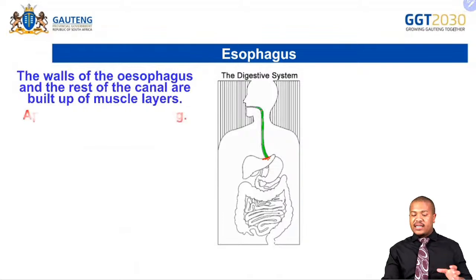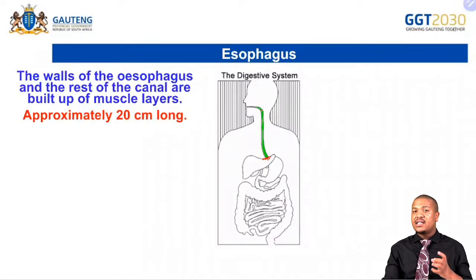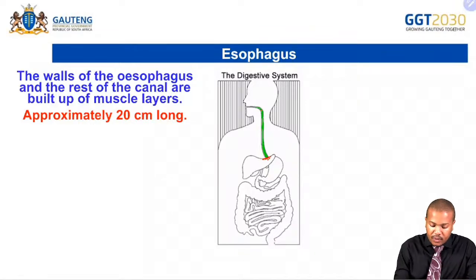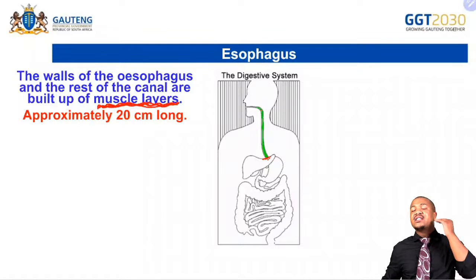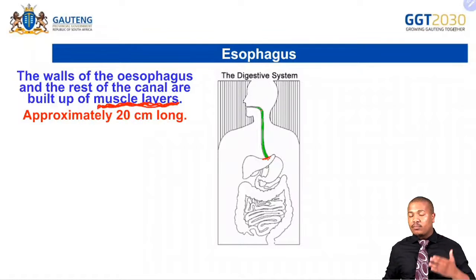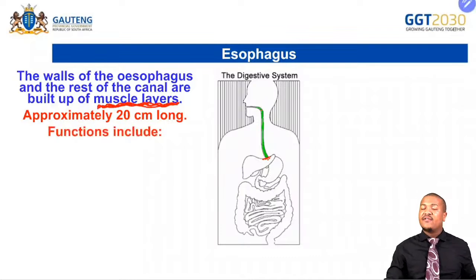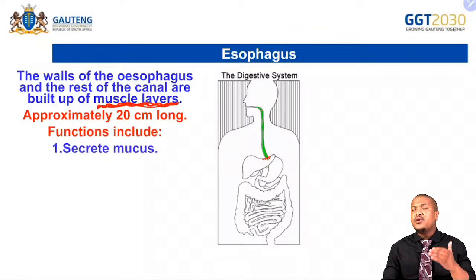And the esophagus is about 20 centimeters long, right? These muscle layers enable the esophagus to contract and relax as the food moves down by peristalsis, right? The esophagus also has a function of secreting mucus, right?